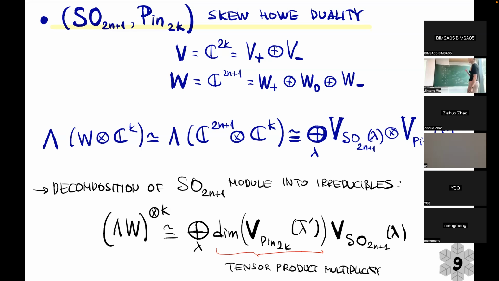If we consider the exterior algebra of W on the level of the weight diagrams, it can be seen that it exactly corresponds to the spinor representation squared, two copies of that.